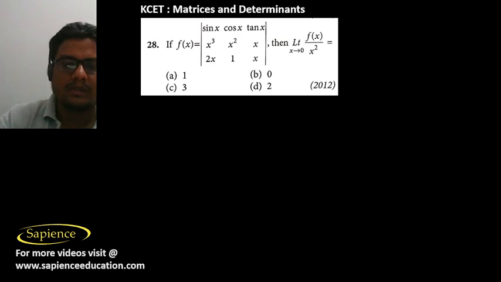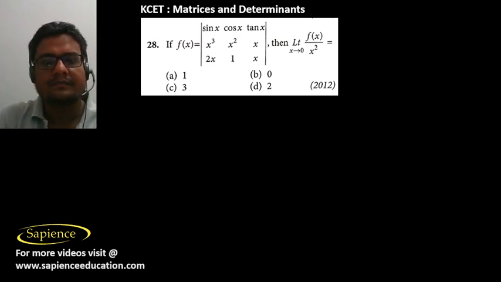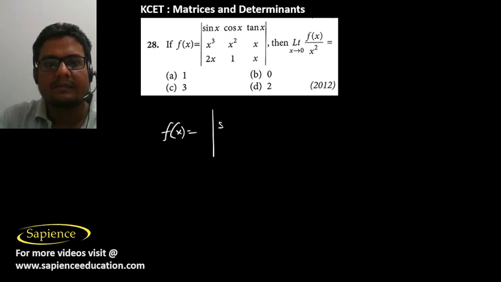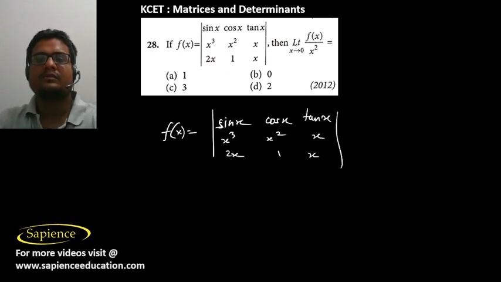Then in question number 28, it is told that if f of x equals the determinant of sin x, cos x, tan x, x cube, x square, x, 2x, 1, x, then find the limit as x tends to 0 of f of x by x square.